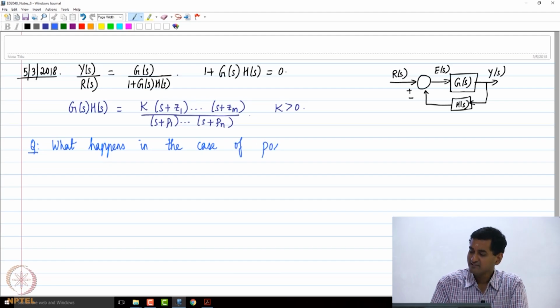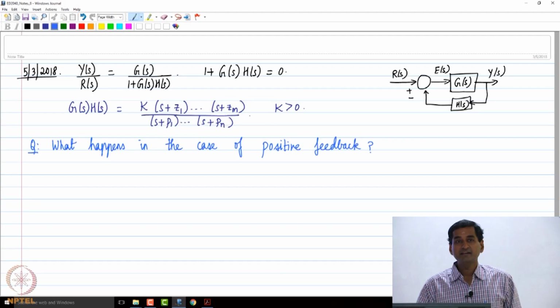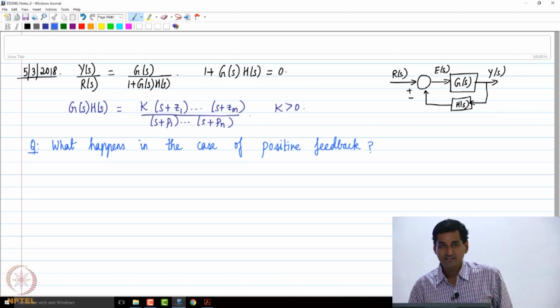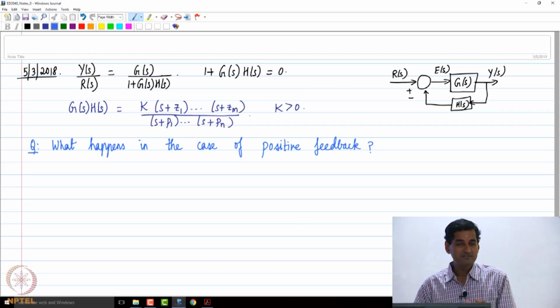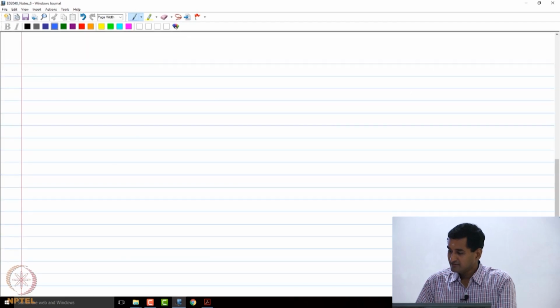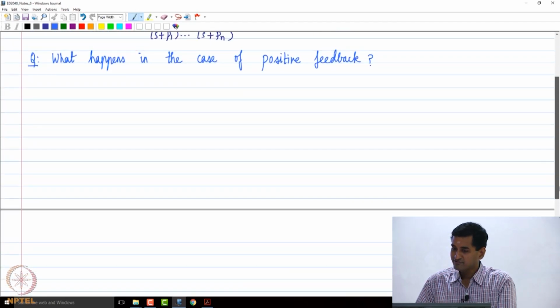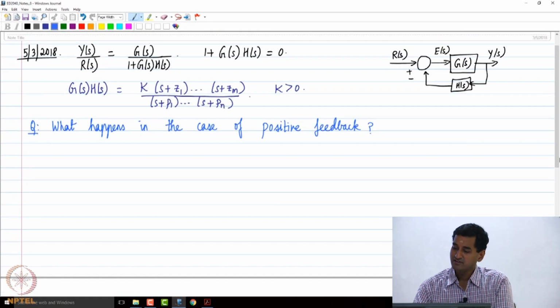Suppose we had positive feedback with everything else remaining the same: the structure of G of s H of s being k times s plus z1 to s plus zm divided by s plus p1 to s plus pn, and k being positive. So how is this block diagram going to change?